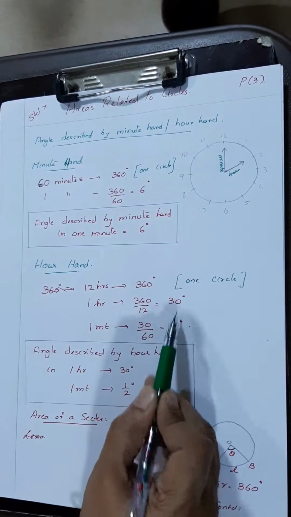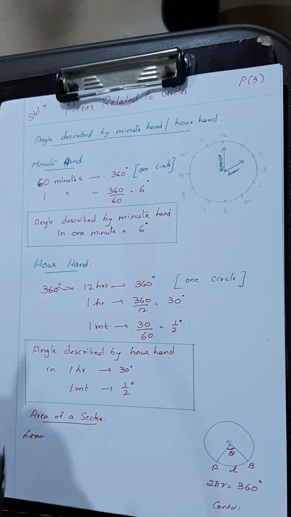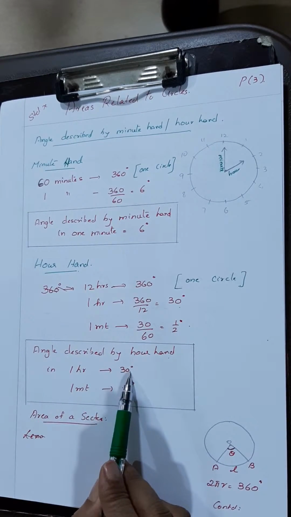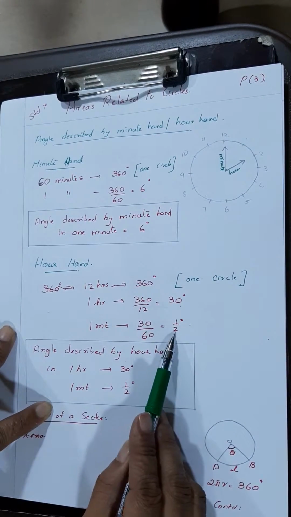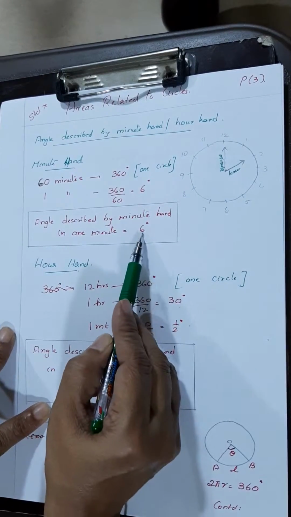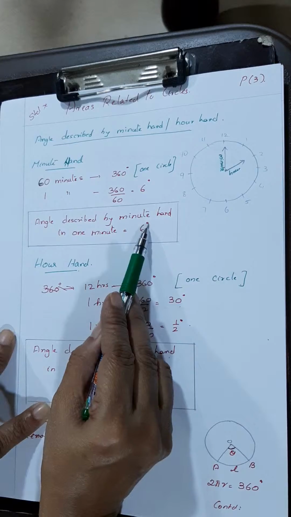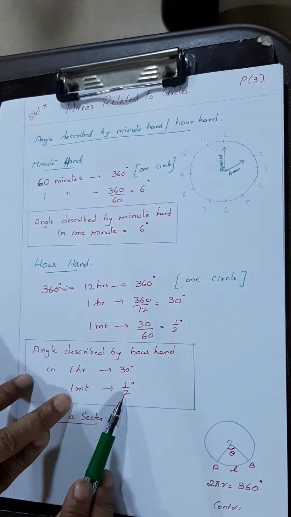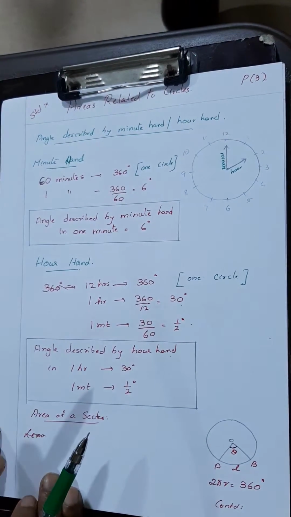And in 1 minute, it will make half a degree. So the angle described by the hour hand in 1 hour is equal to 30 degrees, and in 1 minute is equal to half a degree. And the angle described by the minute hand in 1 minute is equal to 6 degrees. So for the minute hand, the long hand, it is 6 degrees, and for the hour hand, the short hand, for 1 minute it is half a degree. So you can remember 6 and half.